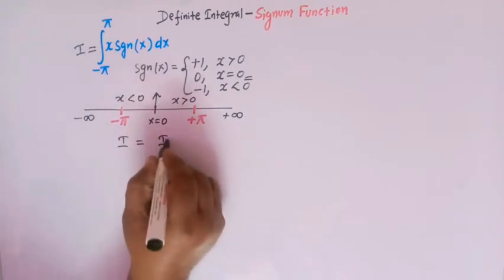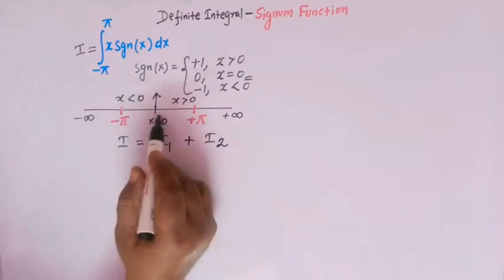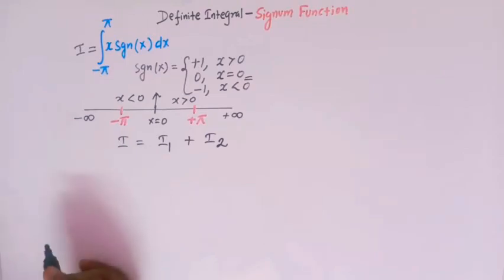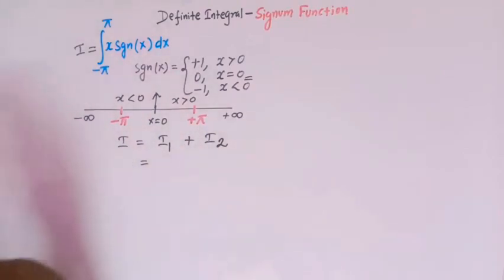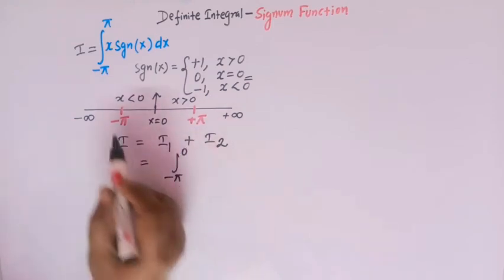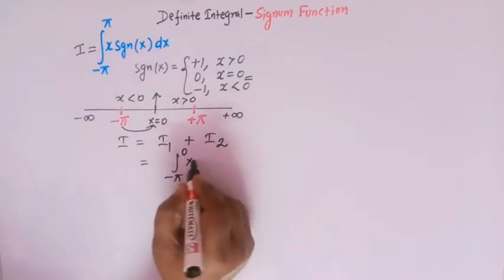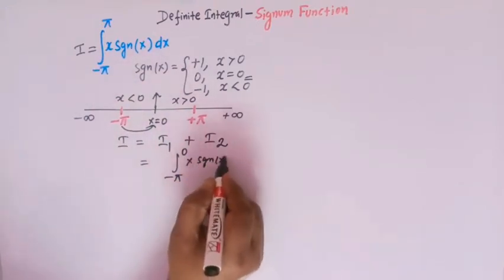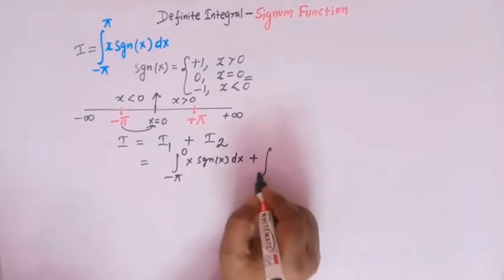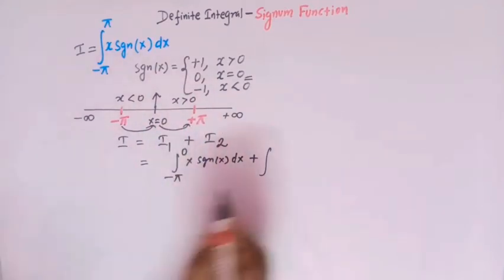Now let us break this integral as a sum of two integrals. That is, I can be written as I1 plus I2, and x equal to 0 is the point where we have to break the limit. So the first integral goes from minus pi to 0 of x times signum of x dx, and the second integral goes from x equal to 0 to x equal to pi.